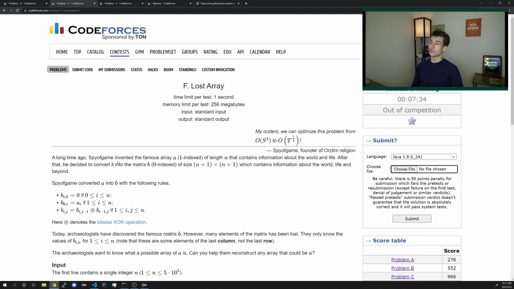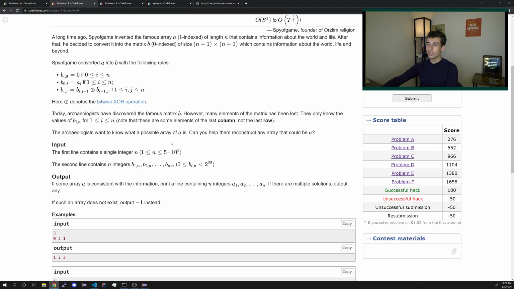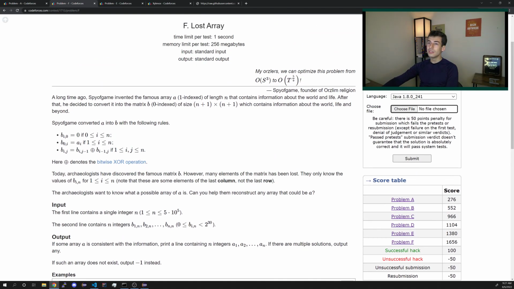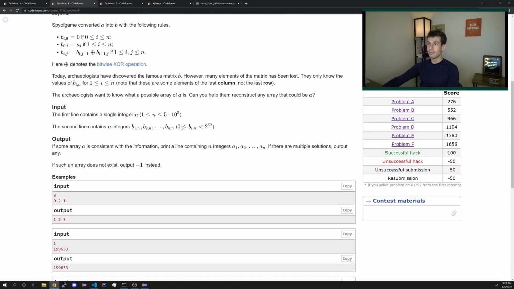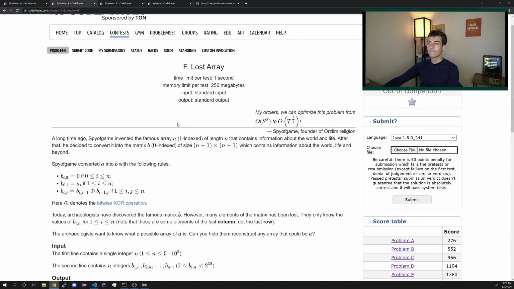My Orslers, we can optimize this problem from S cubed to T to the cube, whatever. Not sure what this is talking about. My Orslers. That's really funny. I really like that. Orslers.